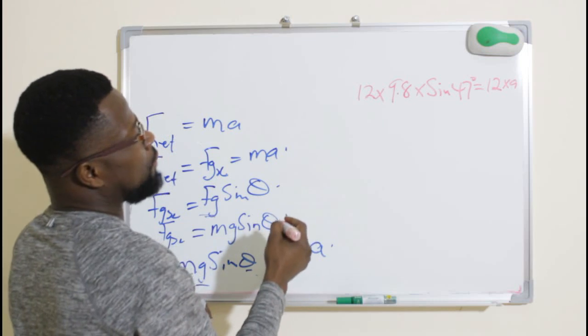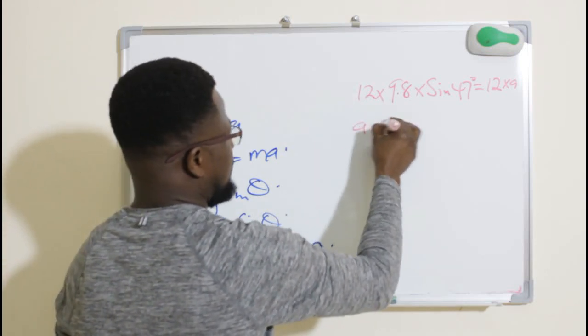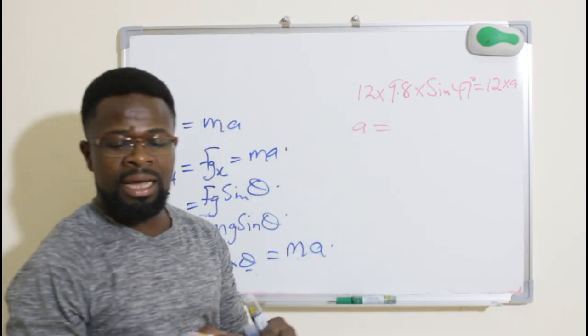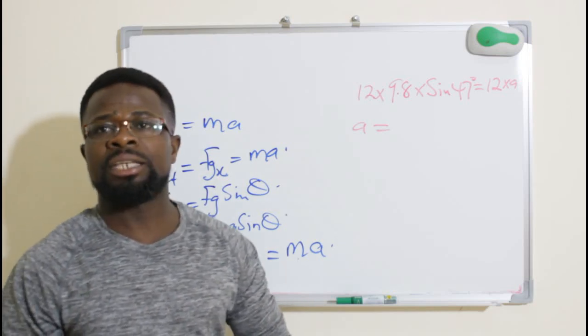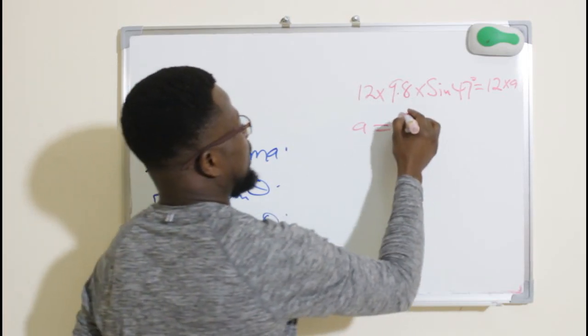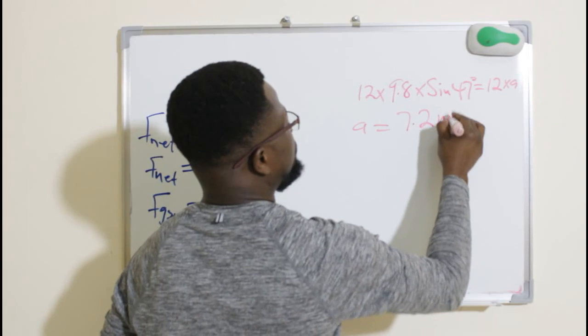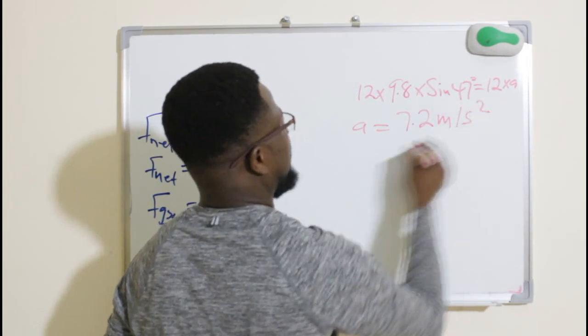What I am looking for is a. If you do all these expressions together, the answer should become 7.2 meters per second squared.